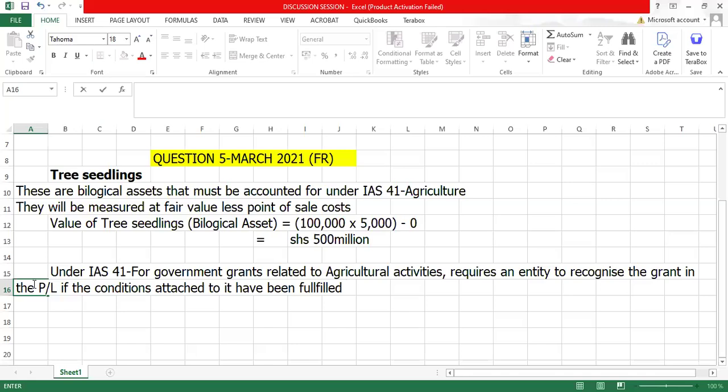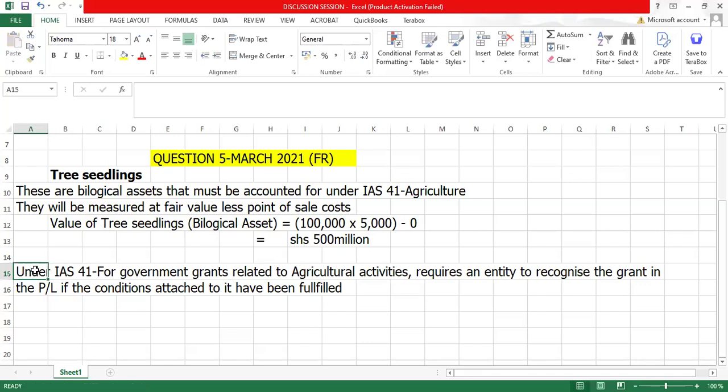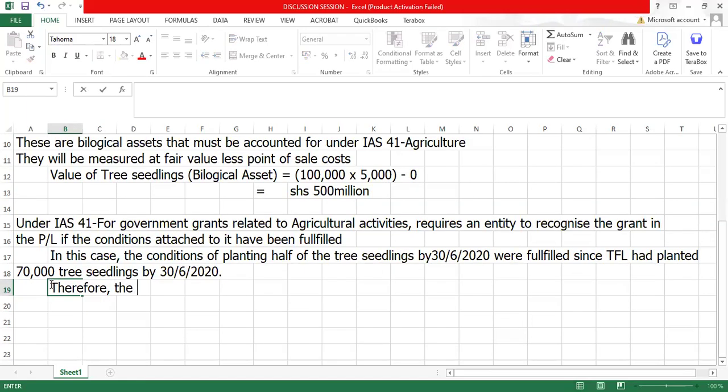Remember, this is a conditional grant, as you read in the case study. Because it is a conditional grant, for us to recognize this grant in our PL, the conditions must have been fulfilled.